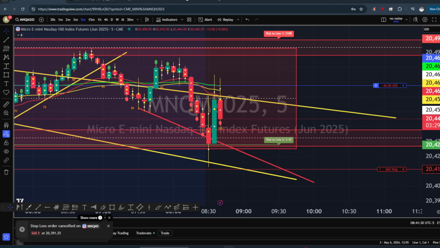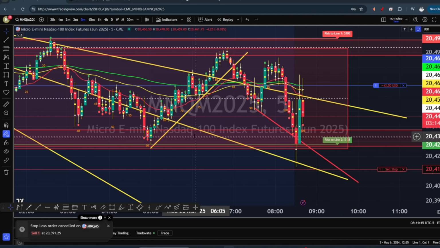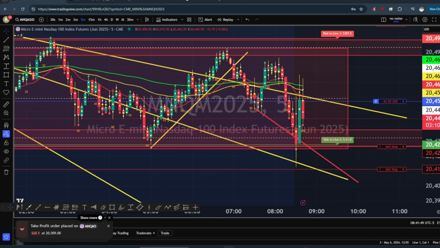Below the 50% of this candle, buy one more. Order filled. But I'm going to reduce the stop to below here.